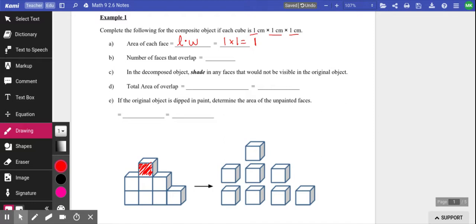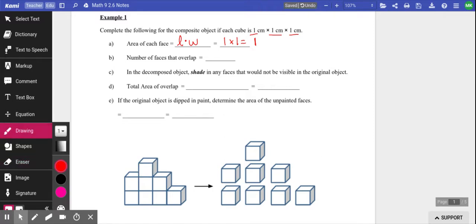Awesome. Question B. The number of faces that overlap. So if you're looking at this shape, we want to count how many faces are against another face. They've kind of broken up the thing so you can see it. It's like an exploded view of it. It might help you a little bit to see where things are connected. I'm going to point out one that's kind of obvious to me.